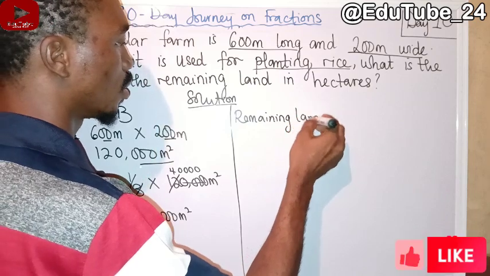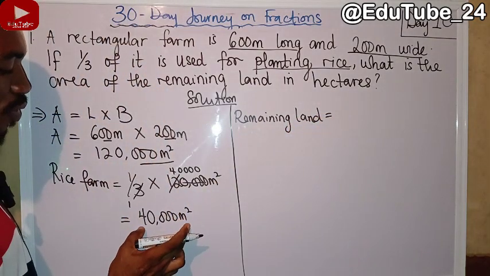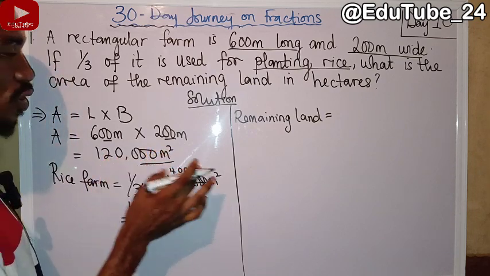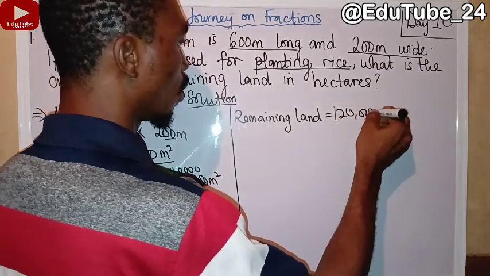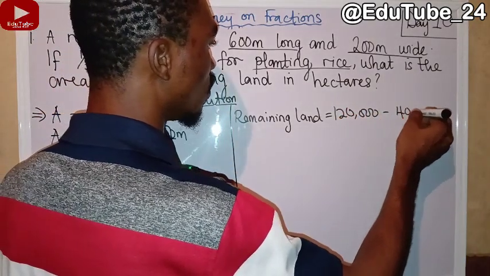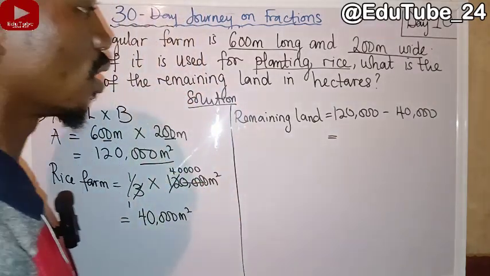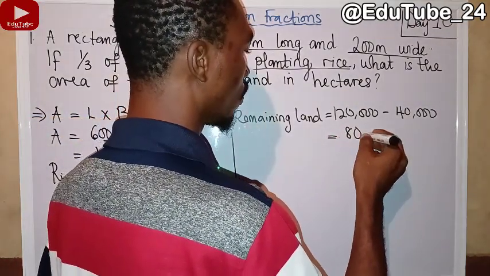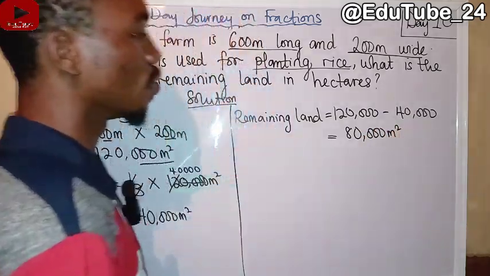Remaining land is equal to the area of the total land minus the area of the rice farm. So that will be 120,000 minus 40,000, which will give us 80,000. So the area of the remaining farmland is 80,000 meters squared.